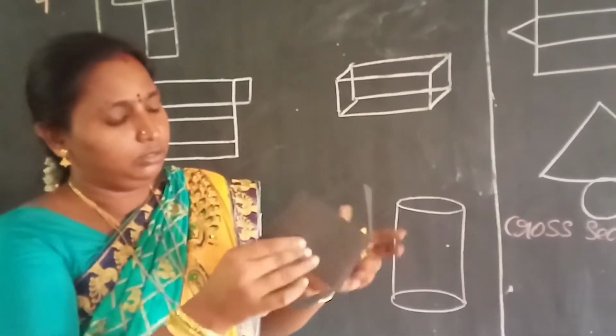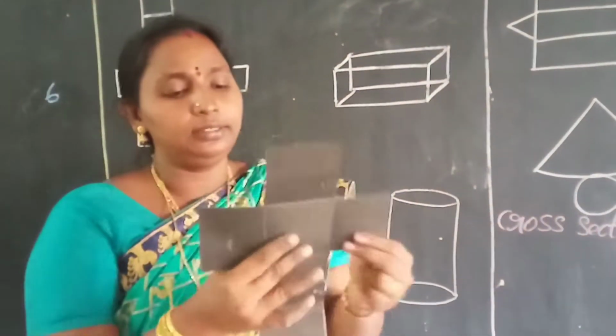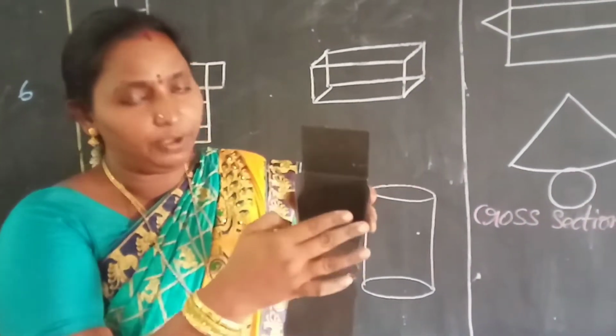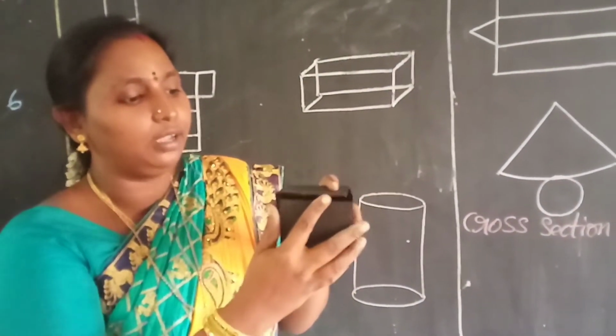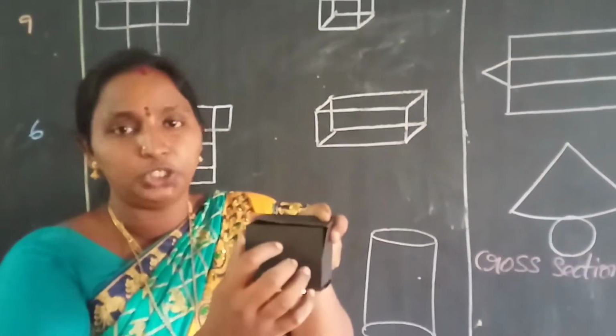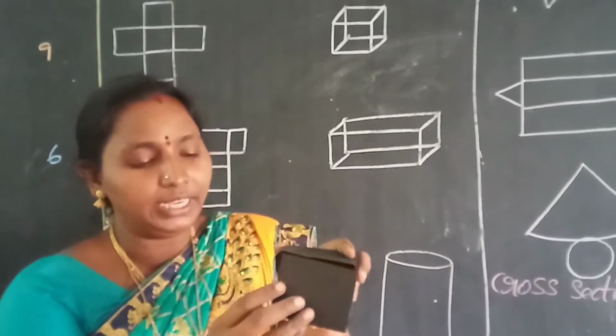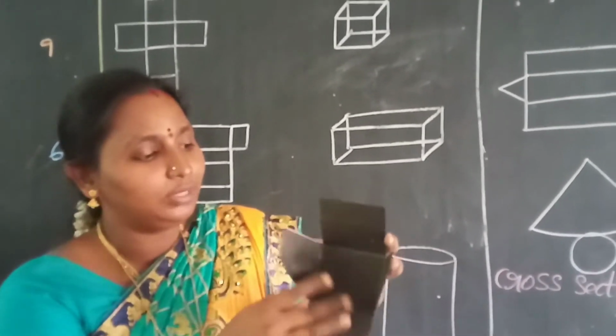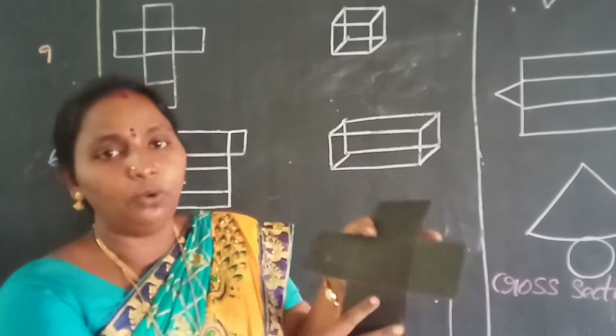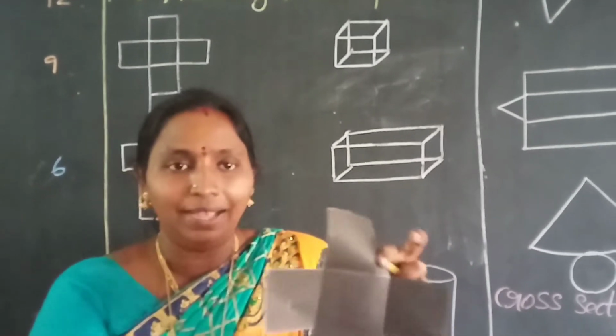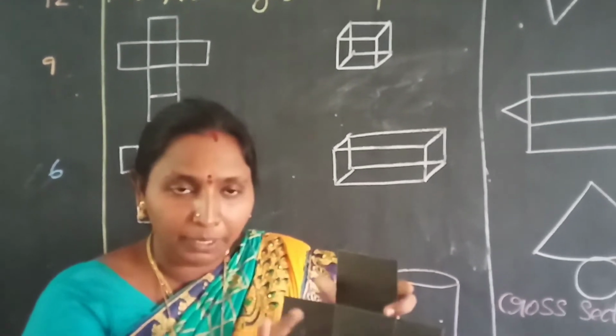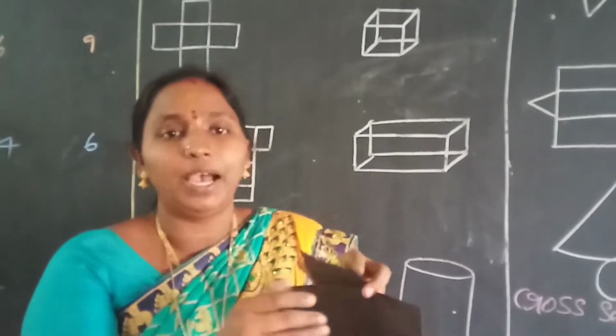I take one paper and fold it like this. If I fold this paper like this, I will get a cube shape. Am I right? So I will get a 3D shape, cube. This unfolded paper is called a net. If I fold that paper, I will get a 3D shape as a cube.